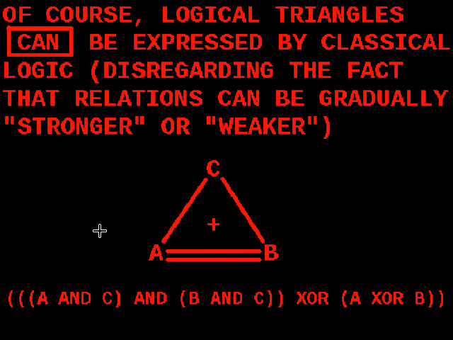But generally speaking, I'm saying you can express that by classical logic if you wanted to, but it is clumsy compared to expressing it by logical triangles. And of course, if you wanted to, you can implement them in a gradual way, so that you say that A and C is somehow a pretty strong connection.